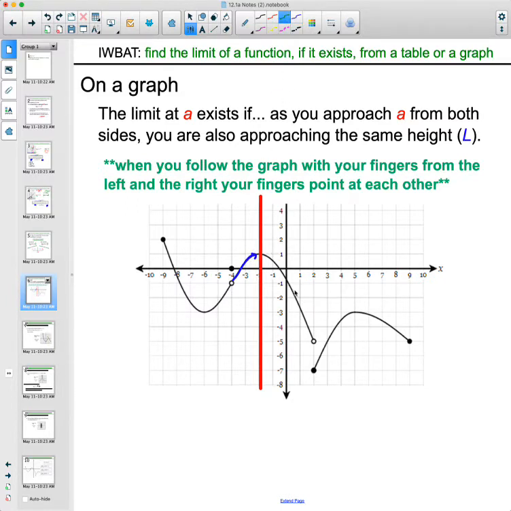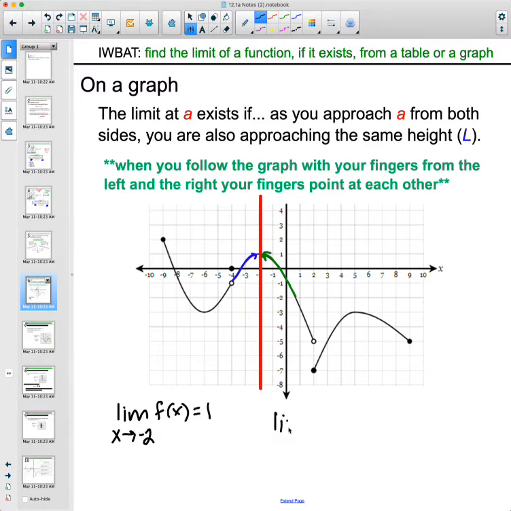And then when we come at it from the right, coming from high x values and getting closer and closer to negative 2, it goes to a height of 1 as well. So if I were going to write this out, the limit as x approaches negative 2 of this function equals 1.